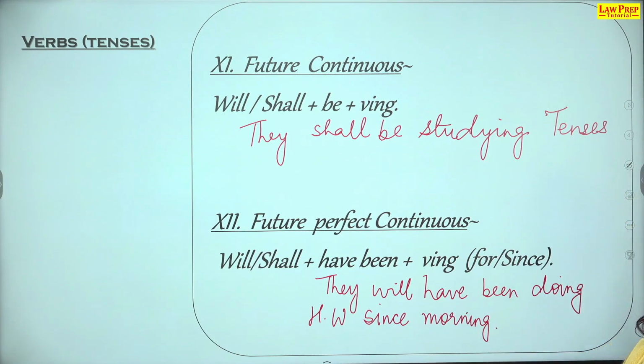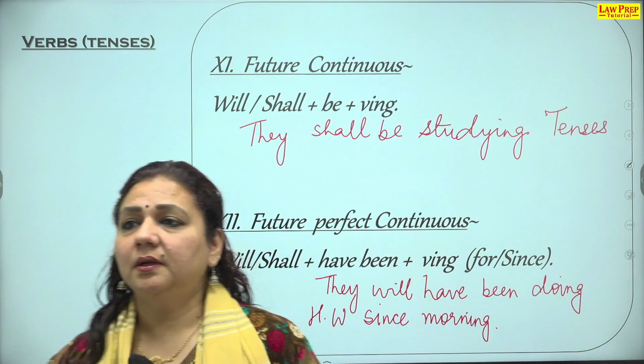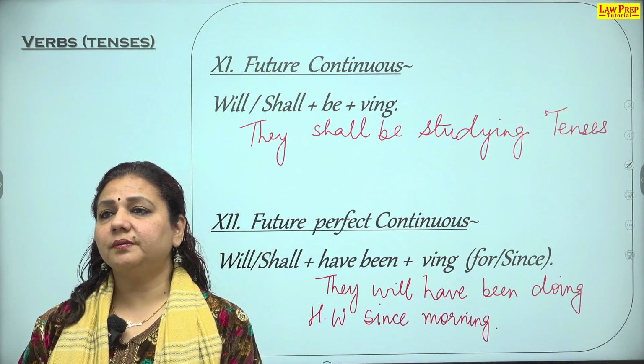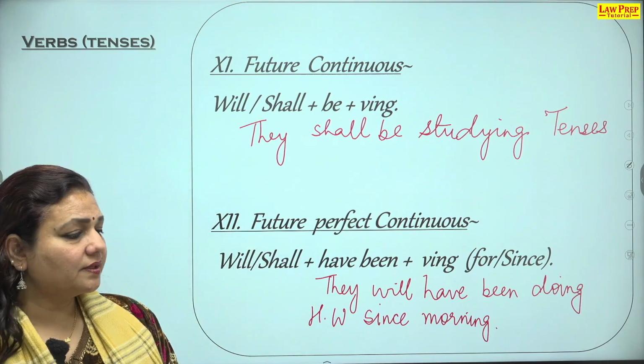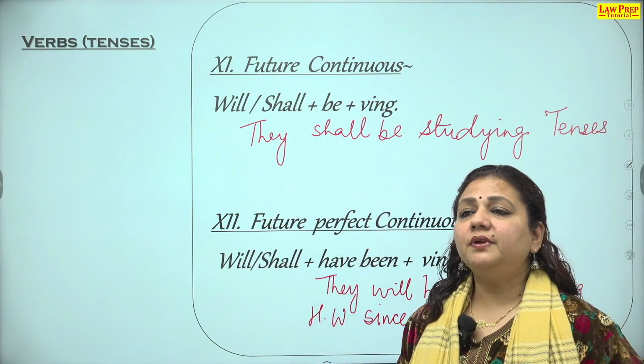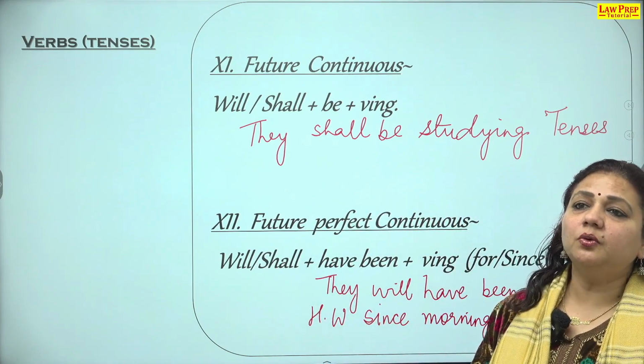You can see this usage here: future perfect continuous, will, shall plus have been plus verb ing. Right, students? Moving on to the next. We have discussed all the 12 tenses. I have explained them to you thoroughly. And now I am taking just the general rules related to tenses.